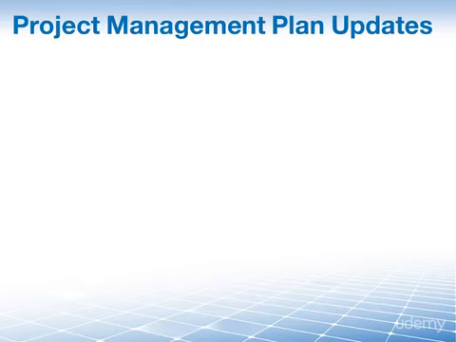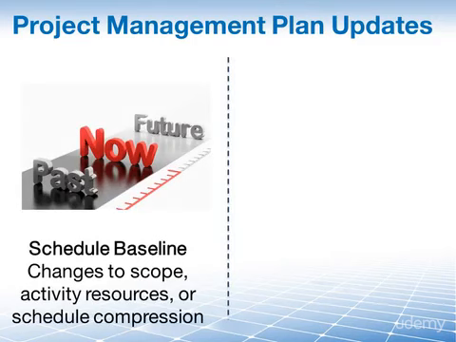This may require updating as a result of executing the control schedule process here, and 2 of them include, first of all, the schedule baseline, changes to the project scope, activity resources, or activity duration estimates. These will create changes to your schedule baseline, and in order to implement those changes, they must of course be addressed by an approved change request first. The schedule baseline may be updated to show changes as a result also of schedule compression.